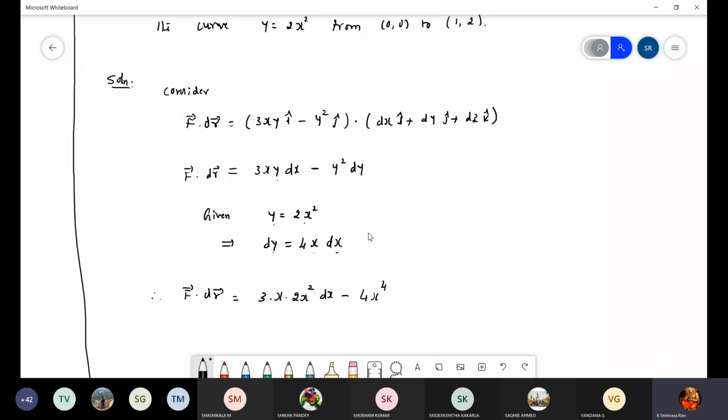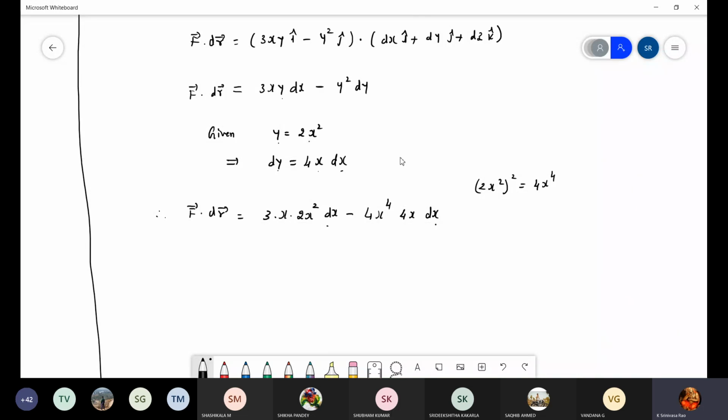Correct? 2x square whole square is equal to 4x power 4. I am substituting directly. dy is 4x dx. Now both terms have a common variable, dx. So take dx common, and now the first term becomes 6x cube minus 4 into 4 is 16x power 5, into dx. Is it right?